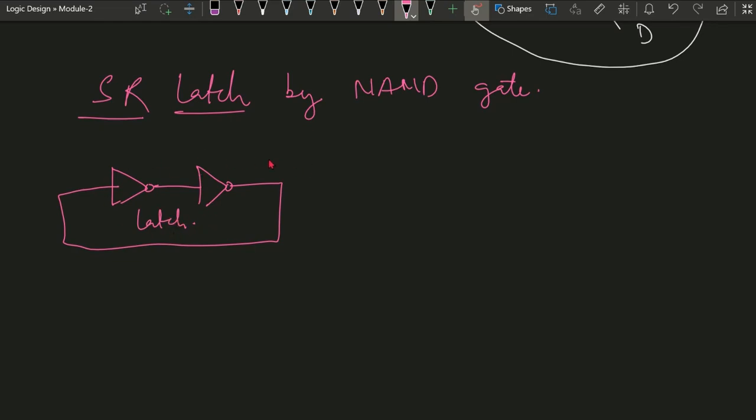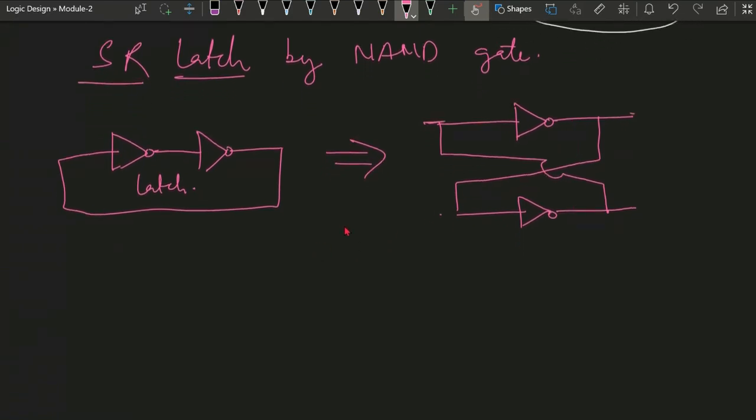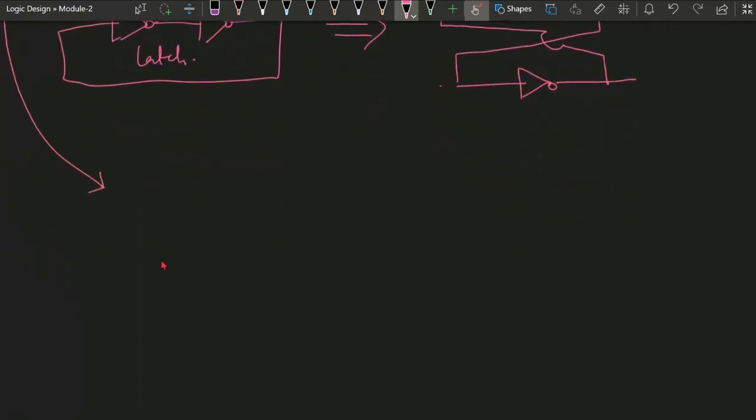But once we implement the SR latch, the same representation can be drawn likewise: there is a NOT gate and another NOT gate. This circuit is the same as that one, just represented differently. This is the input and this is the output. So this is the basic latch. Next, we can implement the SR latch using NAND gates.